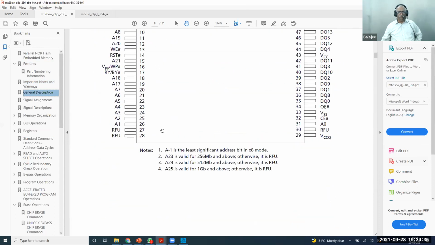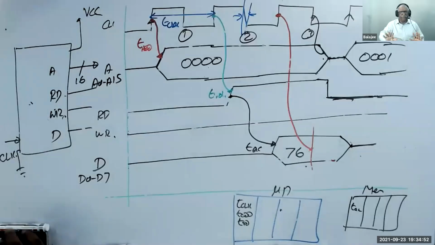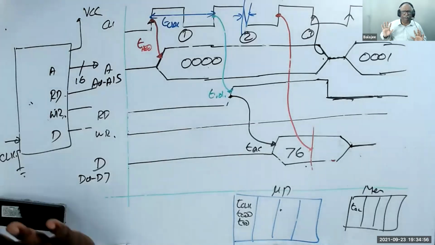If it is clear, I can go to the next one. I'll finish off this and go to the next one. Okay. So let us get into our next topic. So there's no doubt about the timing diagram. I can erase it. This is sufficient.